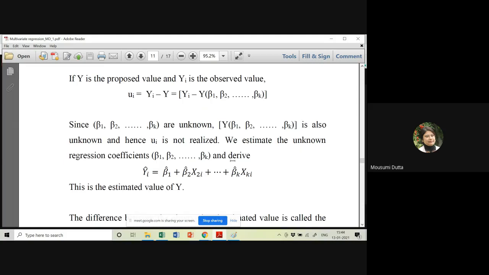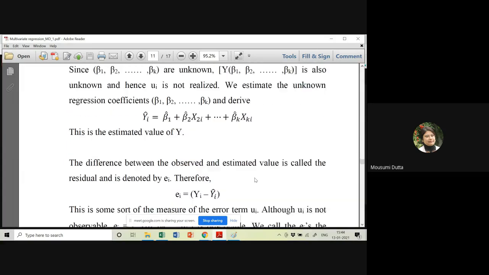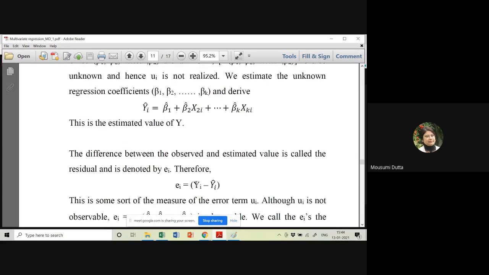So we estimate the unknown regression coefficients and can generate yi hat. And the difference between yi and yi hat, that is the observed and estimated, can be realized, and this is called nothing but the residual. So from ui, we are moving towards ei, which is the difference between the observed and estimated value.